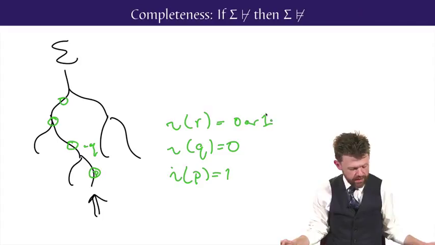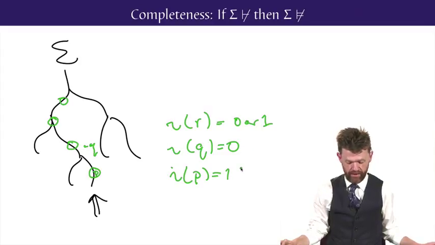Now, because this branch is open, there is no clash in the interpretation of atoms. I'm never given inconsistent guidance, which says give this value 1 and give this value 0. So we've got an interpretation. The aim then is to show that everything else in the branch is also true.